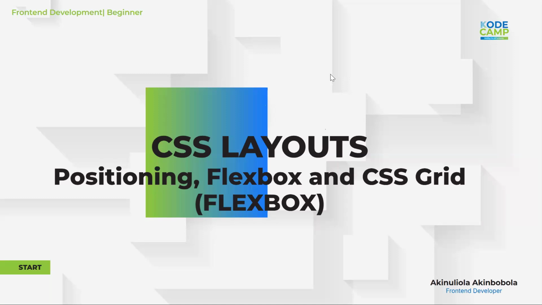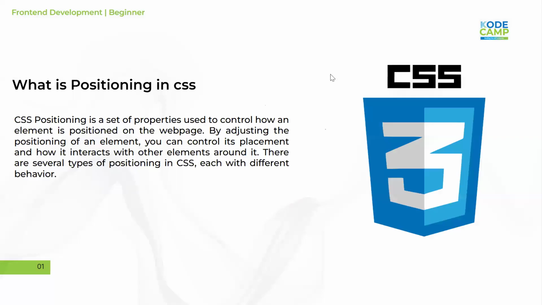So let's continue. What is positioning in CSS? Positioning is a set of properties we use to control how an element is positioned on the web page by adjusting its position. What that simply means is that you might want to change how your element, probably your picture, looks once your users scroll on your web page.